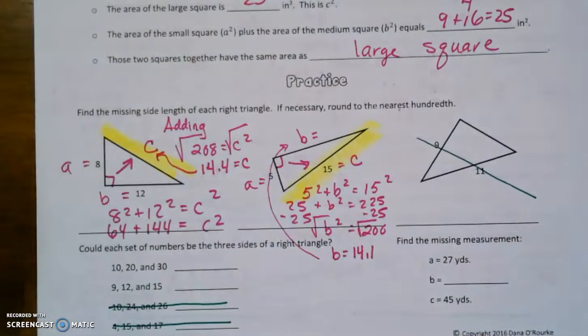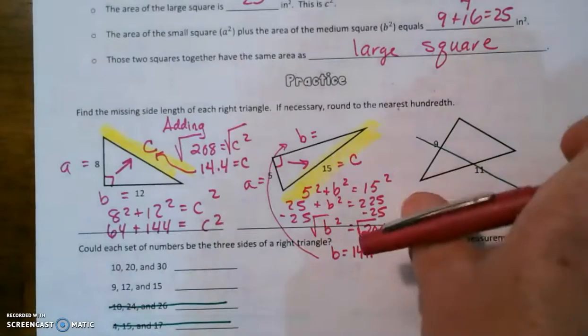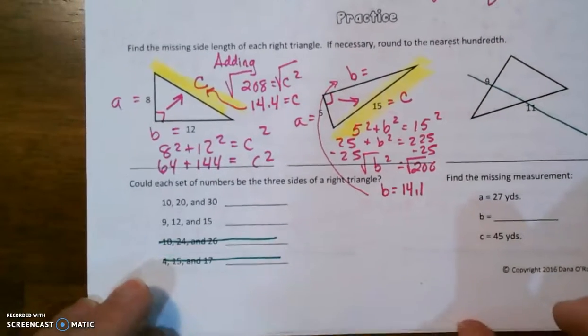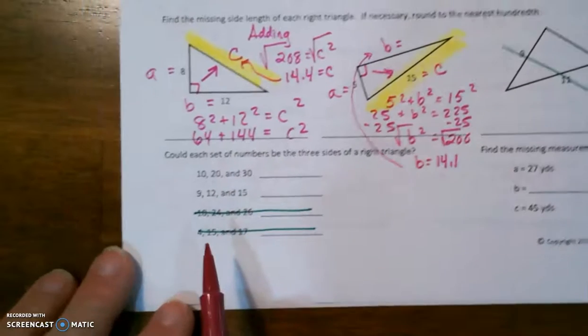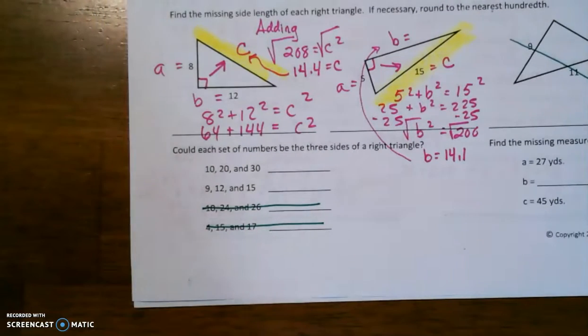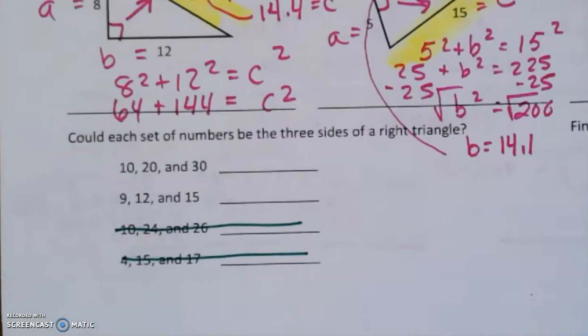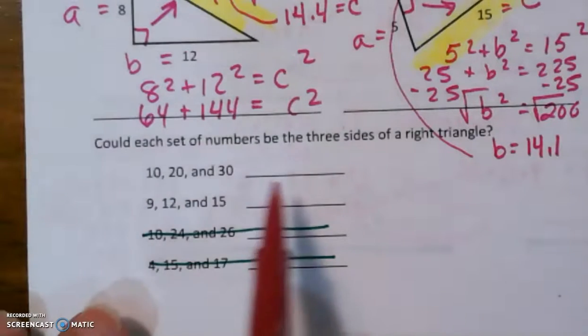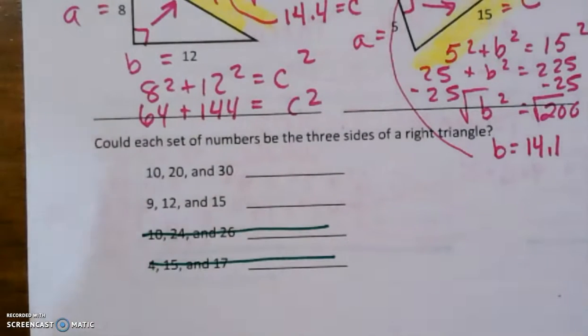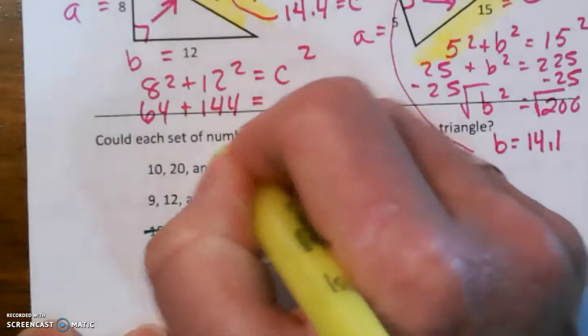All right, I'm going to skip this one. I want to go down here and talk about this converse activity. If I give you a set of numbers and I ask you whether or not this is a right triangle, the first thing you really need to do is figure out which one of these numbers represents the hypotenuse. So you're going to go through this list and pick out the biggest number. The biggest number is 30.